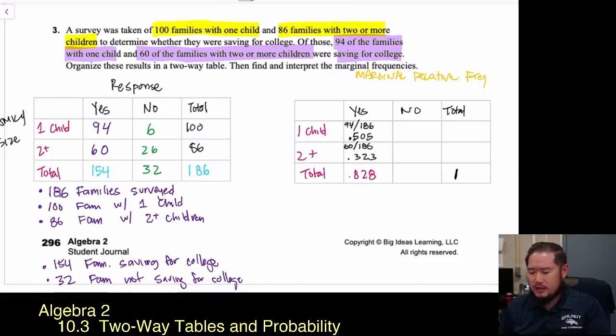Let's continue on with the no's. Once again, this is the marginal relative frequency. That's why we're dealing with ratios and these decimals. For no, we're going to take 6 and divide that by the grand total of numbers surveyed, 186. And right here we have 0.032.